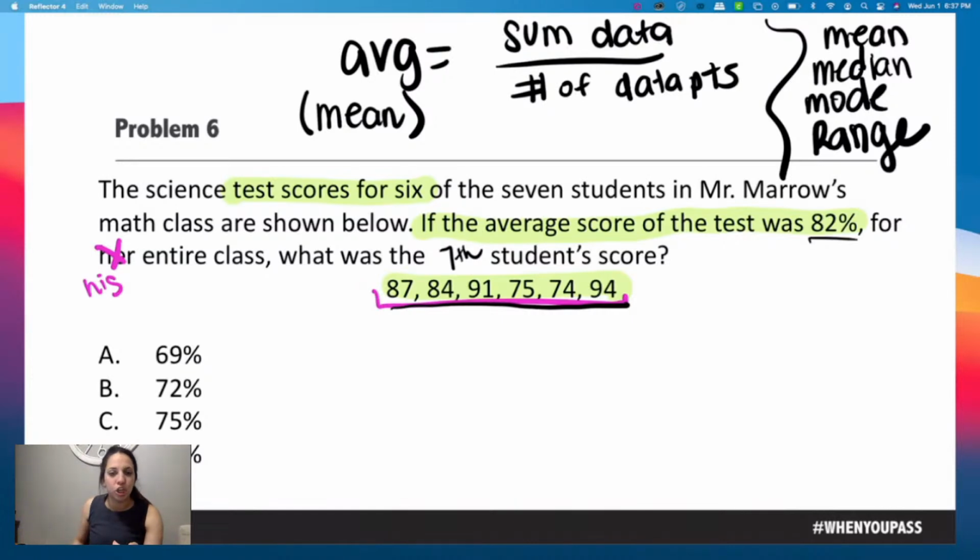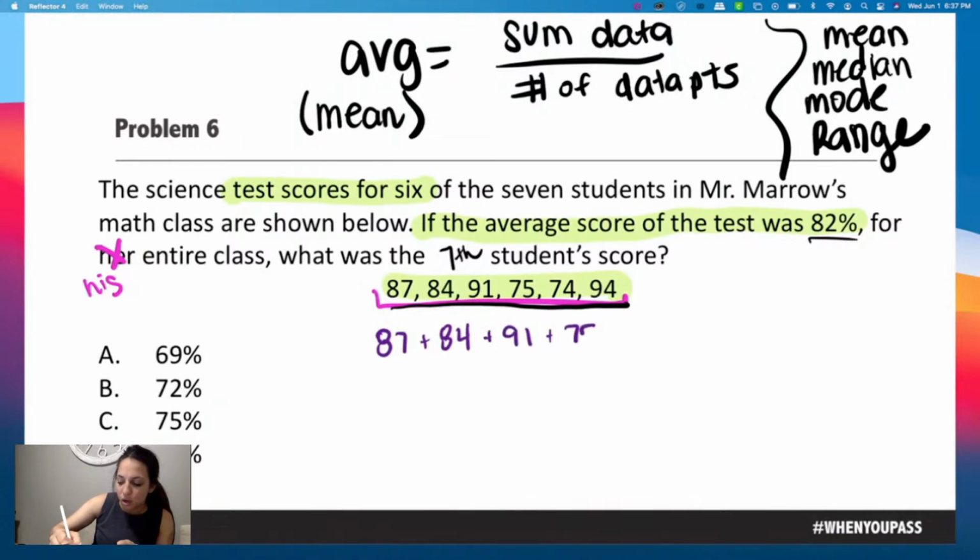it should equal 82, except I'm missing a 7th student's score, but the average with that student's score is 82. So take a look. 87 plus 84 plus 91 plus 75 plus 74 plus 94 plus X. X is your 7th student's score.